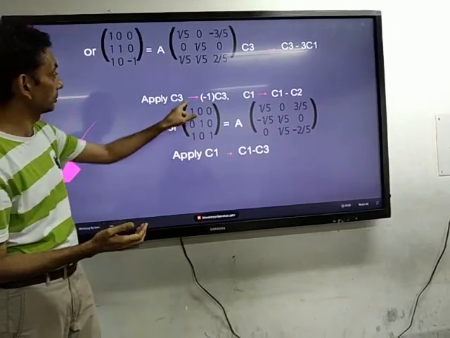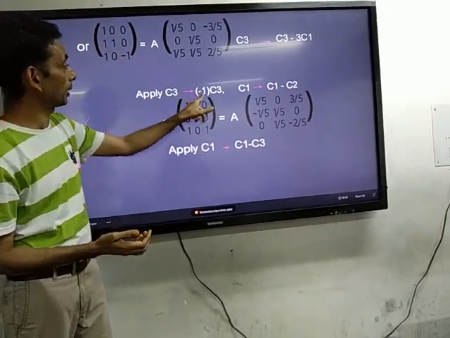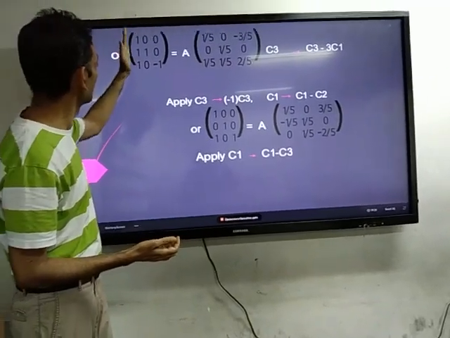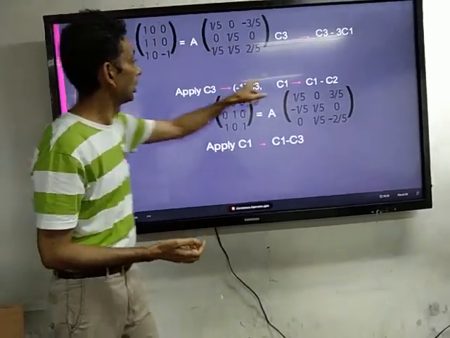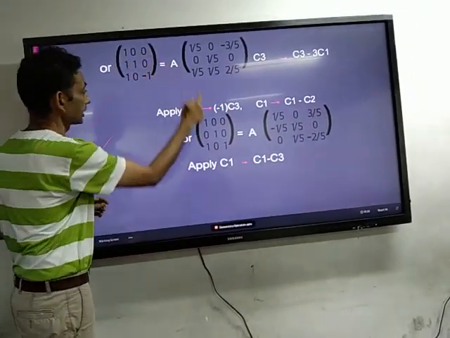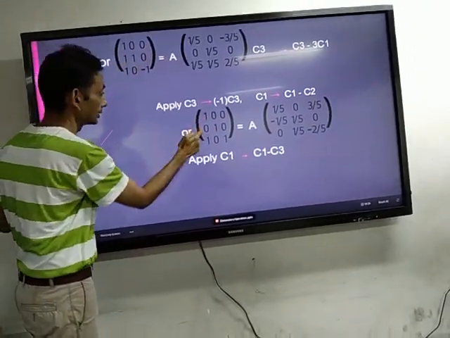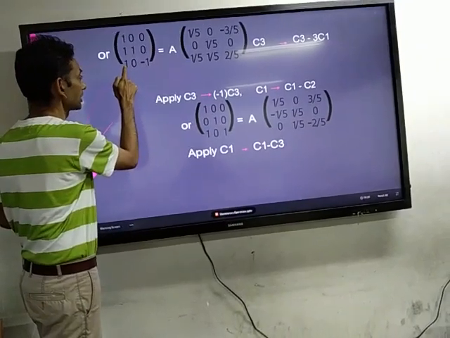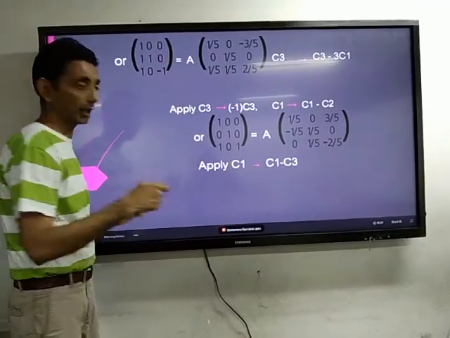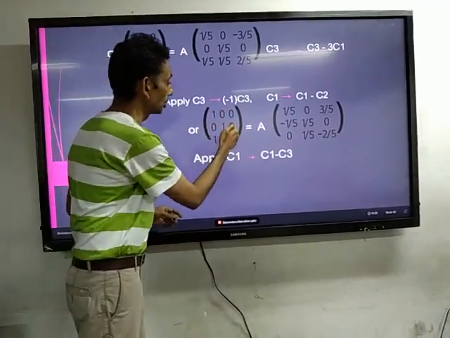So in the next step we are multiplying column 3 by -1, and column 1 we are changing with the help of column 2. That means column 1 minus column 2. So let us calculate: 1 minus 0 is 1, 1 minus 1 is 0, and there will not be any change in this number because 1 minus 0 remains 1. And we are multiplying column 3 by -1, so it will be 0, 0, 1.